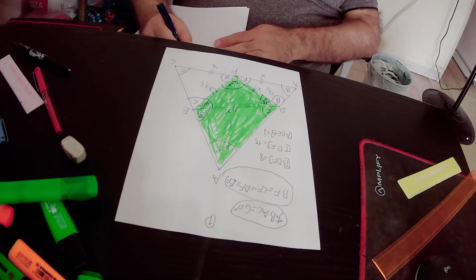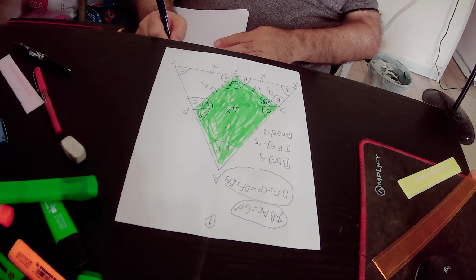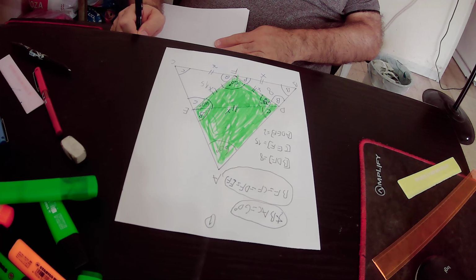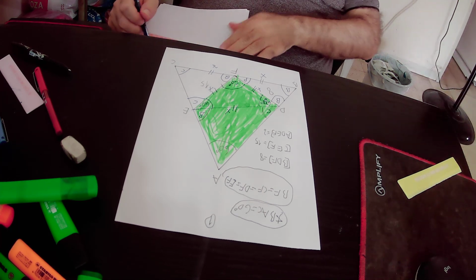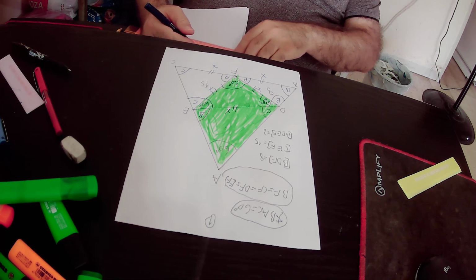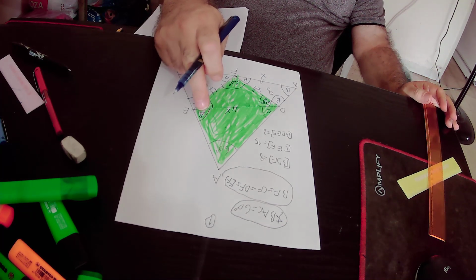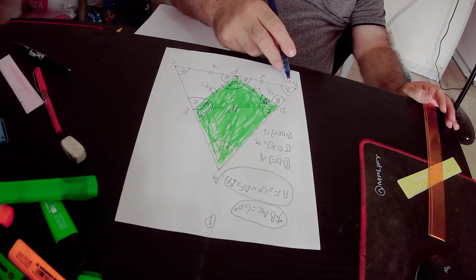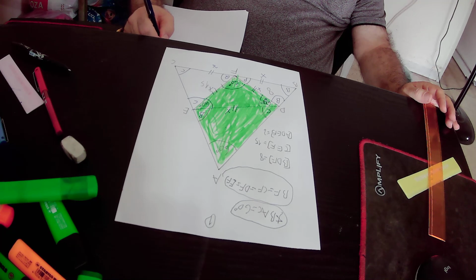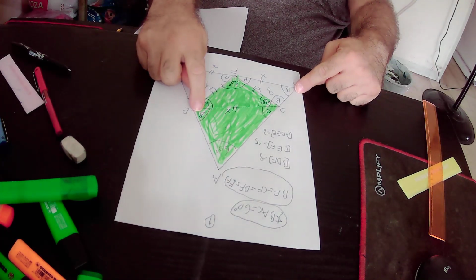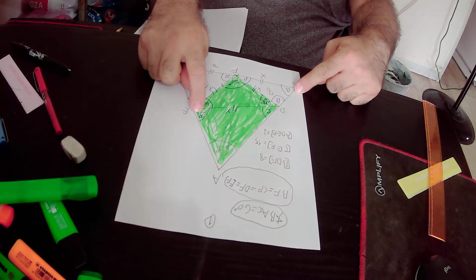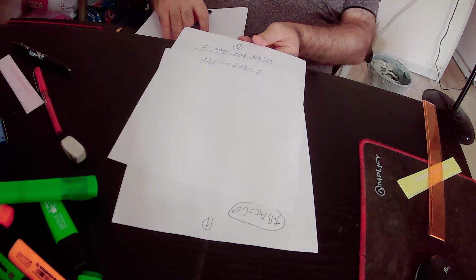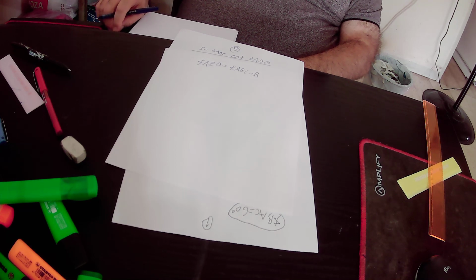So in triangle ABC and triangle ADE, we know that angle AED of triangle ADE equals angle ABC of triangle ABC, and both those two angles are equal to B.